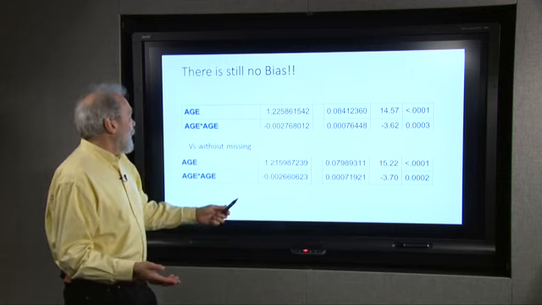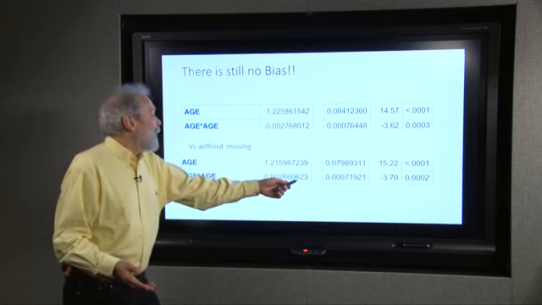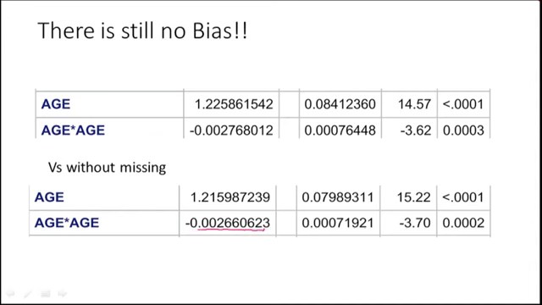This is what I get if I analyze all the data where nobody's failure time was missing. They were all ascertained. And now I delete 17% of the observations where the probability of being missing depends on age. 1.226 and 1.216. Those are the same numbers.